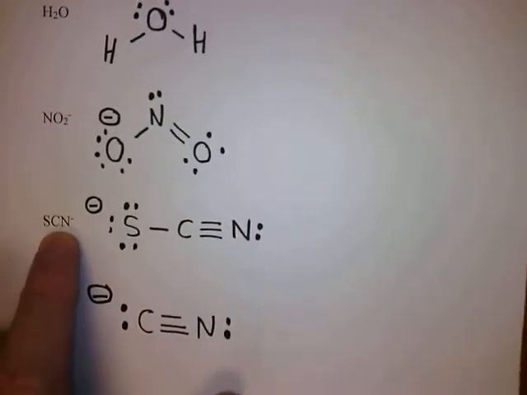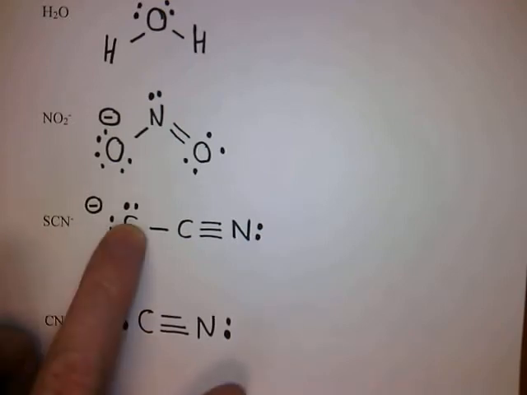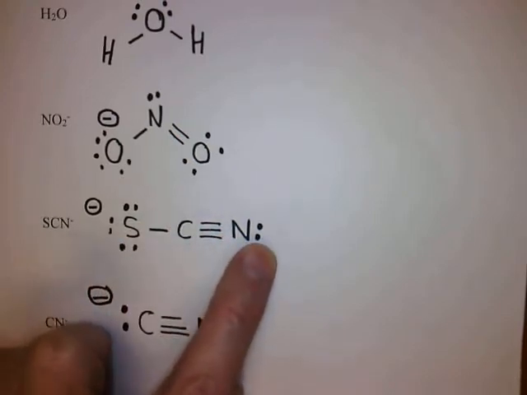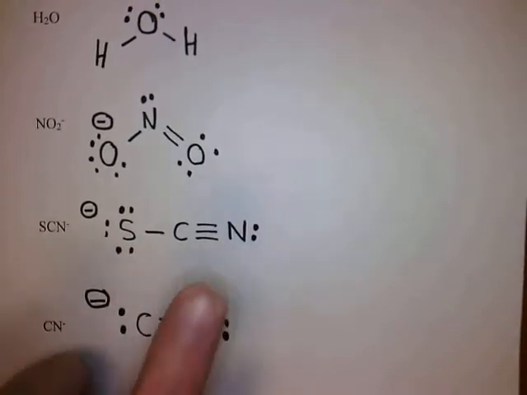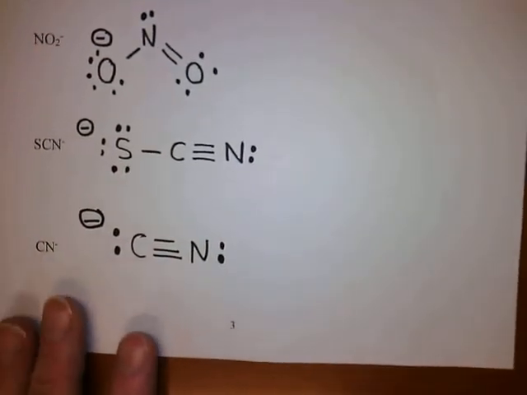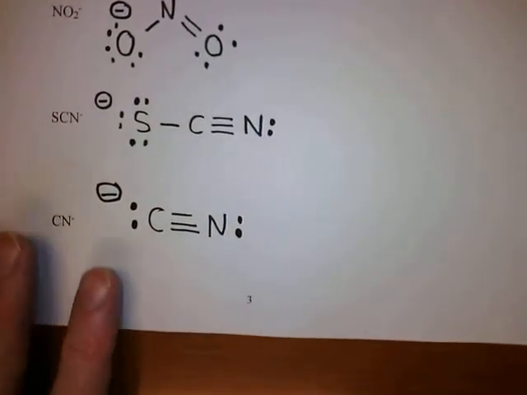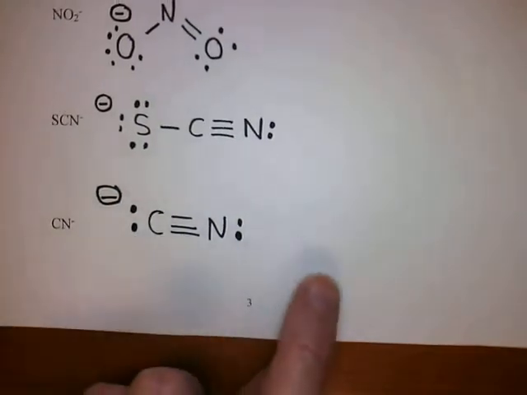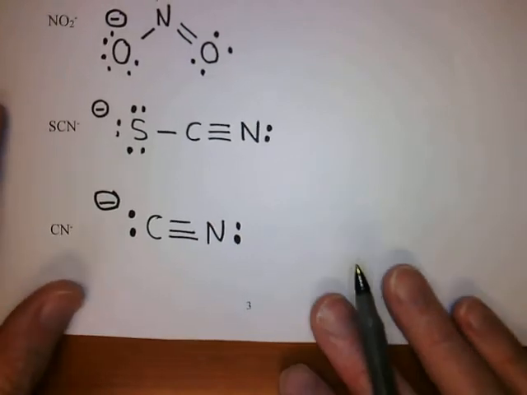SCN minus, that is thiocyanate. Again, it has unshared pairs on the sulfur, unshared pairs on the nitrogen. It is capable of functioning as a ligand. Last one on my list here, cyanide, CN minus. You have an unshared pair on the carbon, unshared pair on the nitrogen.